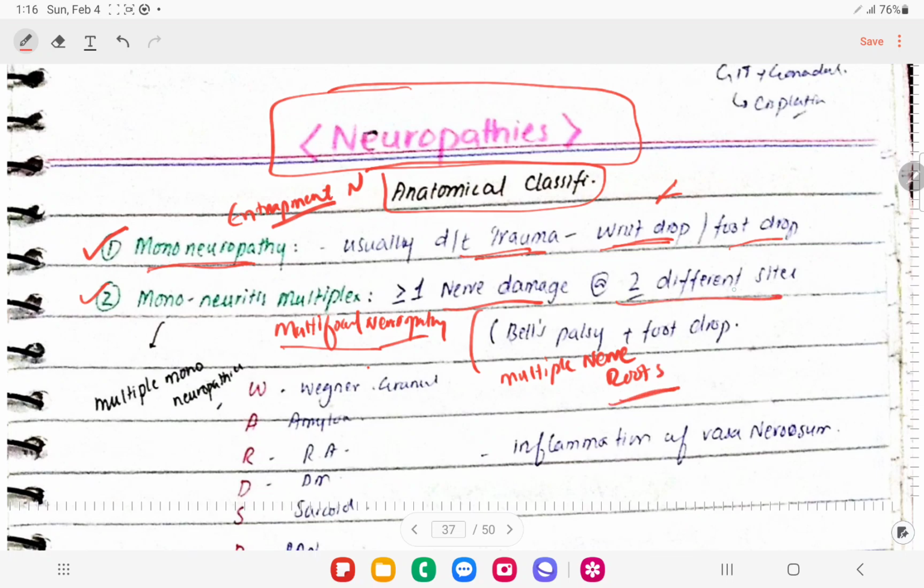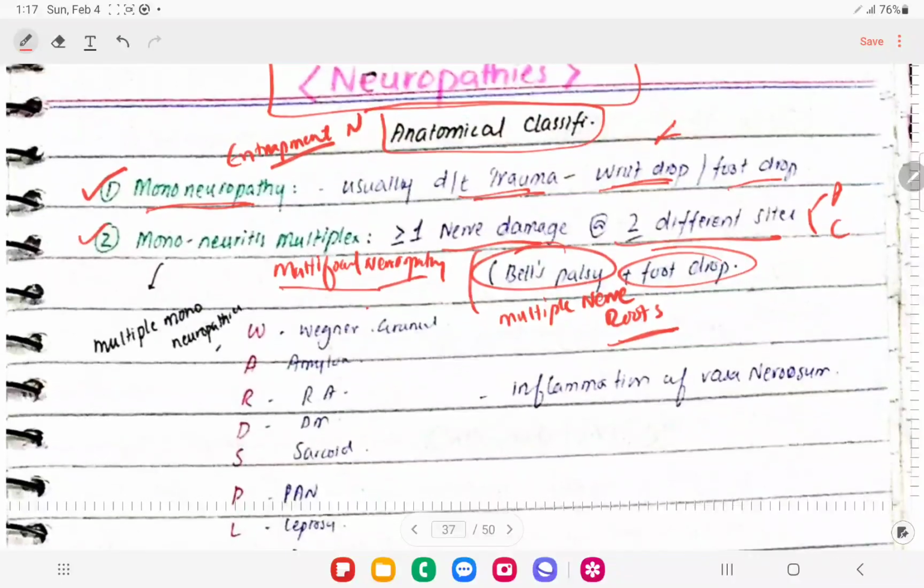At two different sites, like peripheral and cranial nerves are involved. So we can see Bell's palsy, and along with that, if the patient is having foot drop, two different nerves are involved. So when there are multiple nerve root lesions, we call it multifocal neuropathy, right?